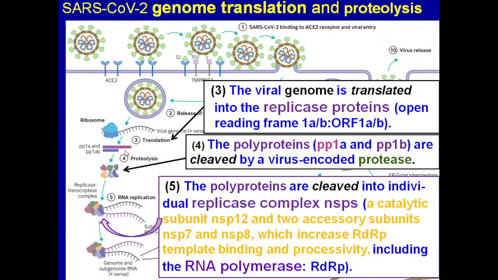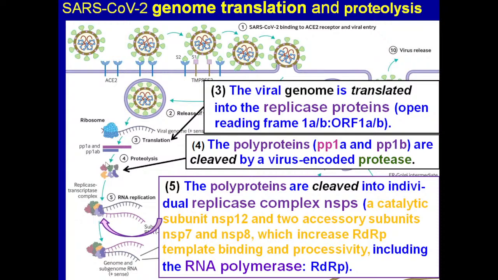Once produced, those polypeptides are cleaved by the virus-encoded protease. Then after the proteolysis, the polyproteins are cleaved into individual replicase complex non-structural proteins.